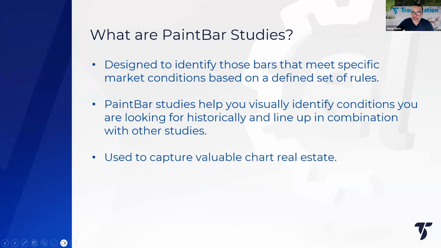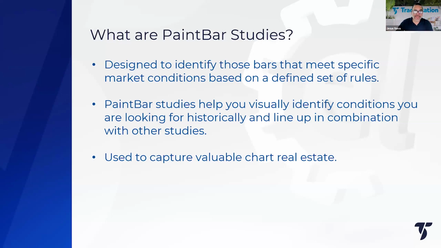And they're also used to capture valuable chart real estate. A lot of times, if you have an indicator using up a subgraph at the bottom of your chart, let's say you're looking at an RSI, the relative strength index, and you're using it to identify overbought and oversold levels, but you probably don't want the subgraph on your chart.